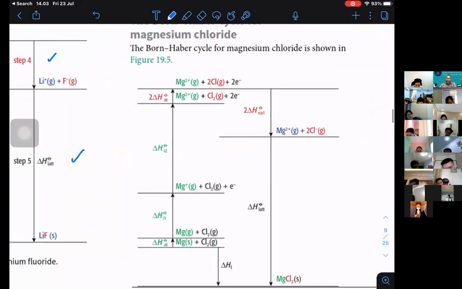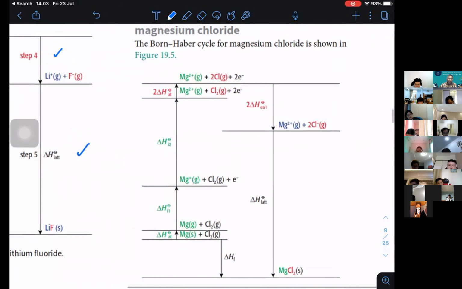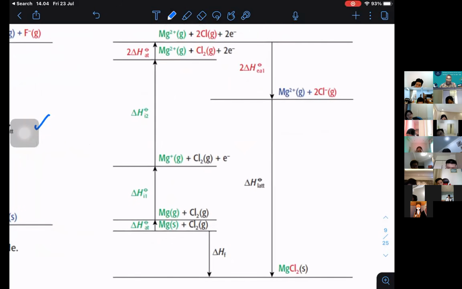If you look at magnesium chloride, MgCl2, they made the assumption that the enthalpy of formation is going to be negative. They show solid and gas. So first you need to atomize Mg to become Mg gas.